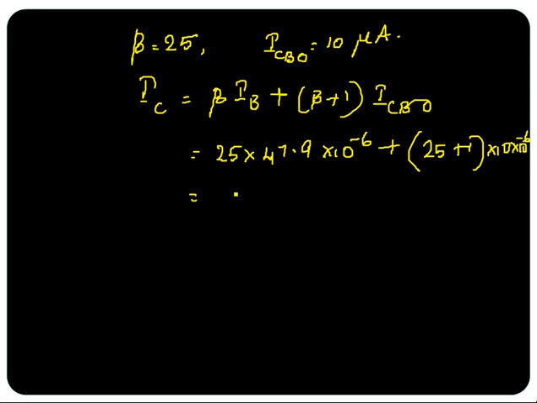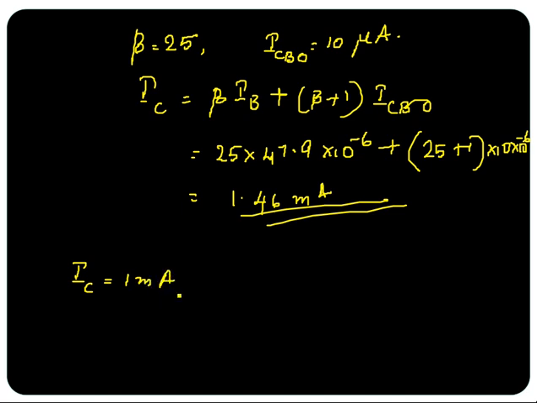So you will get a value of IC, if you simplify this, as 1.46 milliampere. So what can you conclude? In this fixed bias circuit, if you have fixed IC at 1 milliampere for certain values of beta and ICBO, and now with an increase in temperature, when ICBO has changed to 10 microampere and beta has changed to 25, you see IC has increased to 1.46 milliampere.